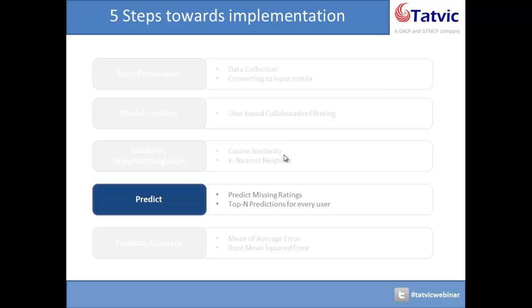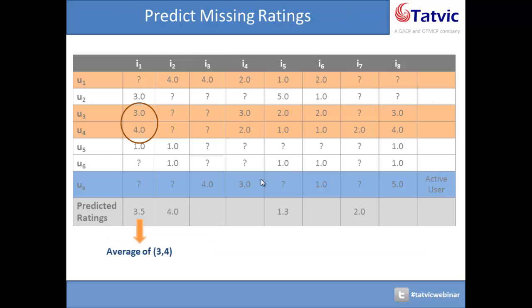Now we want to predict missing ratings for the items for the current user, for which the user has no preference yet. So let me do that. In this case, we have identified the 3 similar users of this active user: user 1, user 3, and user 4.